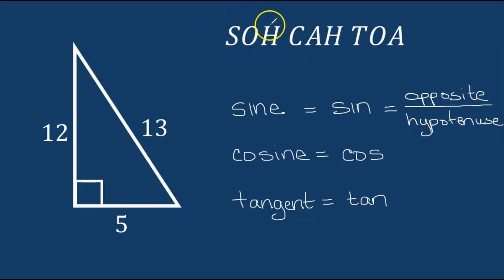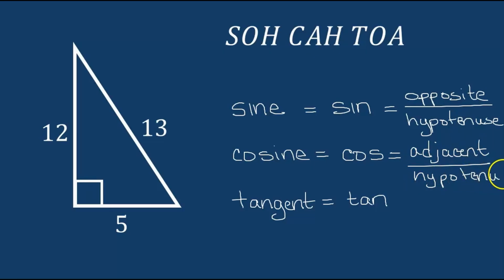So the SO in SOHCAHTOA tells you how to set up the sine ratio. Cosine is adjacent over hypotenuse. And finally, tangent is opposite over adjacent.